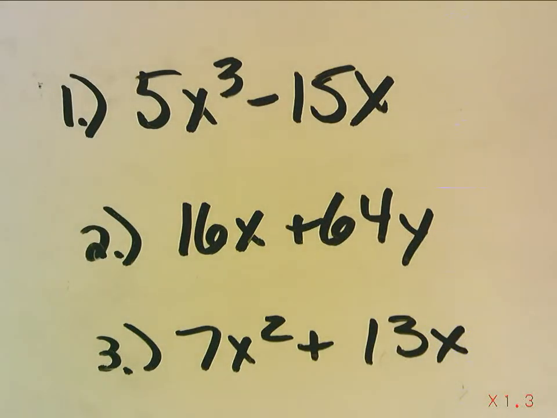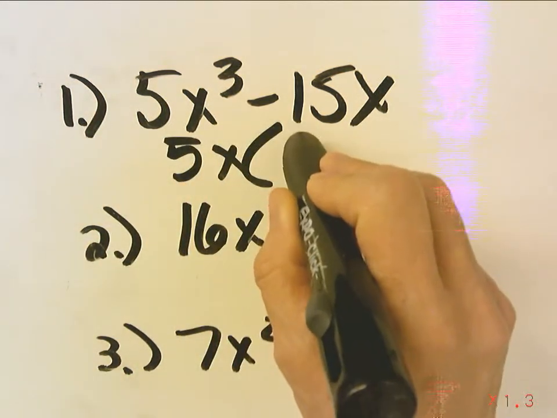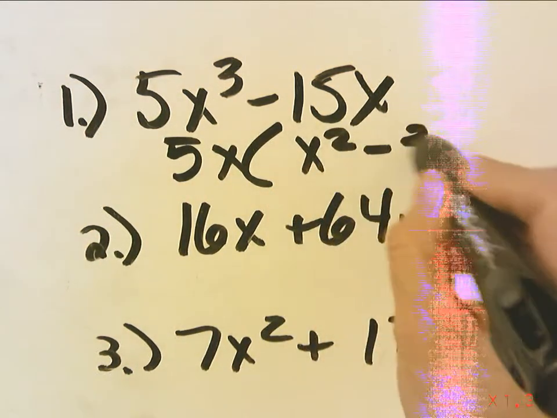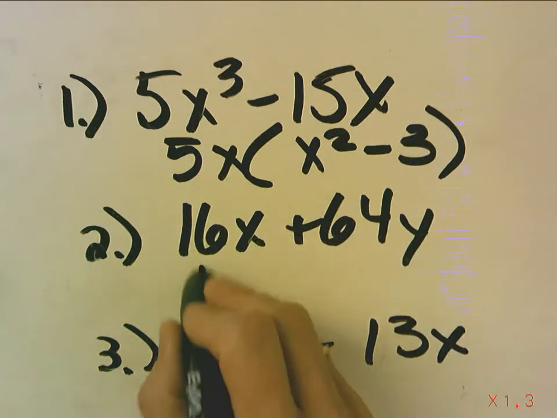Okay, so for number 1, who thinks they can give me this in factored form? Andre? 5x parentheses x squared minus 3. Perfect. Everybody got that? Okay, how about number 2? Gloria? 16 parentheses x plus 4y.